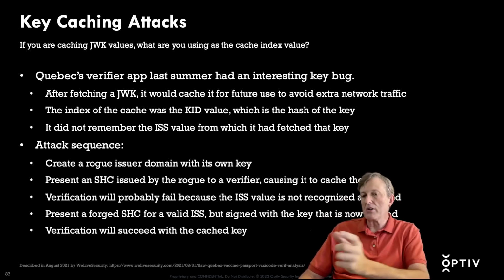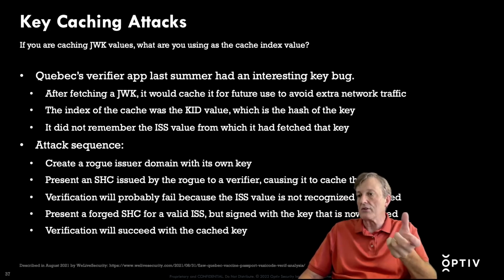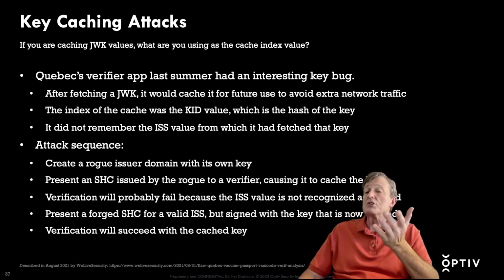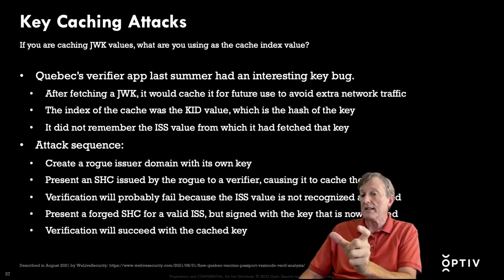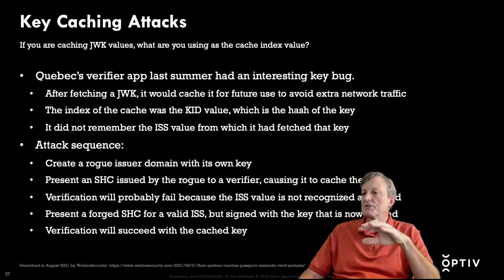It would say, well, if this key says it's this key ID, that's that key ID, I'll use that key. And it actually is true that the same key ID is used at different issuers for structural reasons about healthcare organizations. Probably not the best thing that they're doing, but it is true. Well, the problem with this is there was an interesting attack that you could do against it, right?